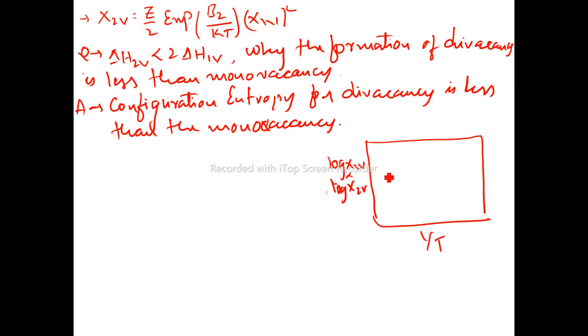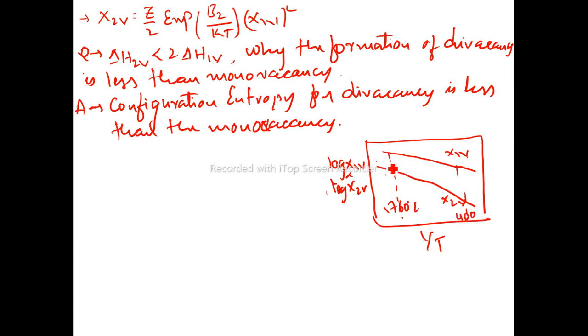Then the slope is, this is for x1v and this is for x2v. Consider this temperature: this is for 1760 degrees Celsius and this is for 400 degrees Celsius.